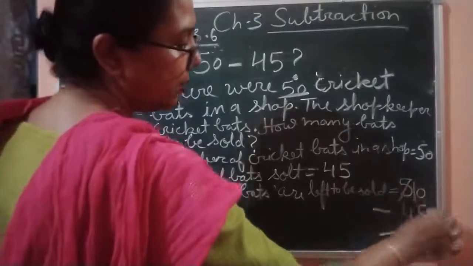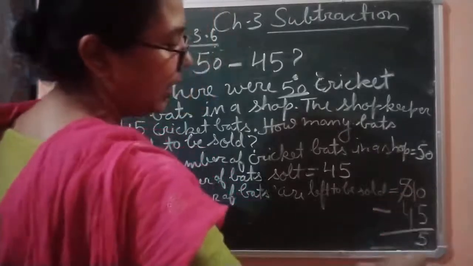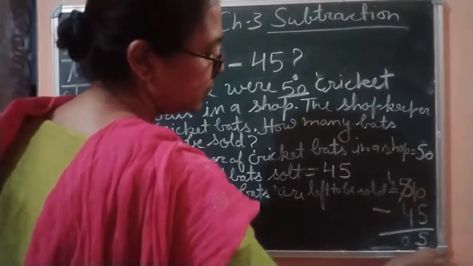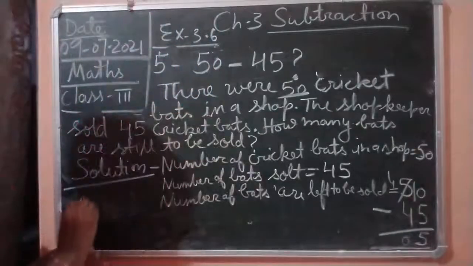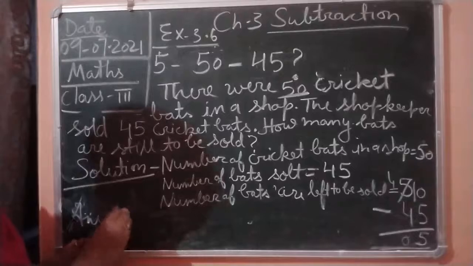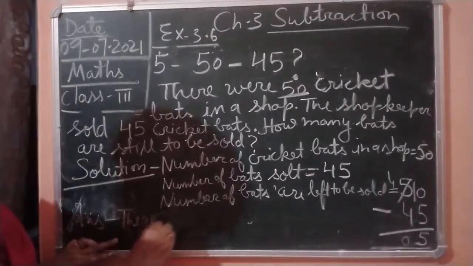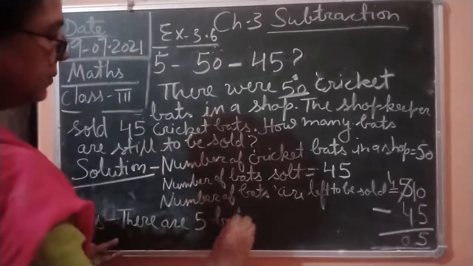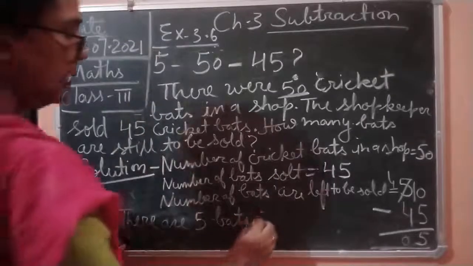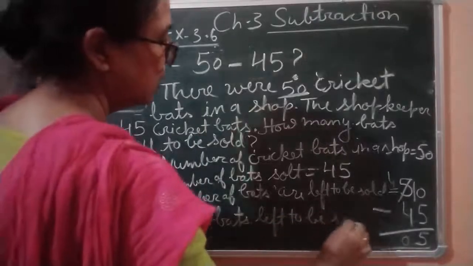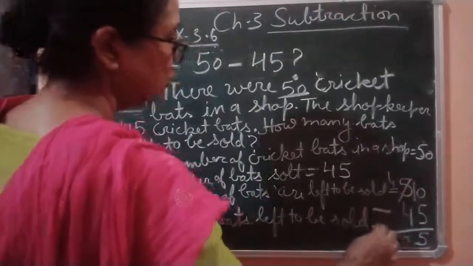We just take 5 and this is 4 here, so it will 0. So 0, 5. Answer, there are 5 bats left to be sold, children, to be sold.